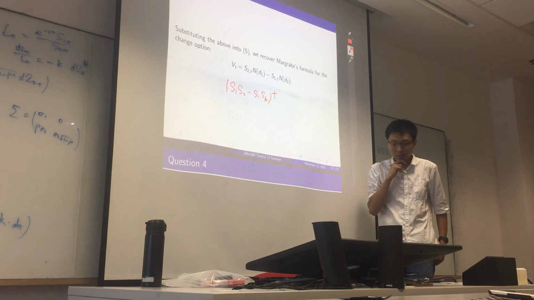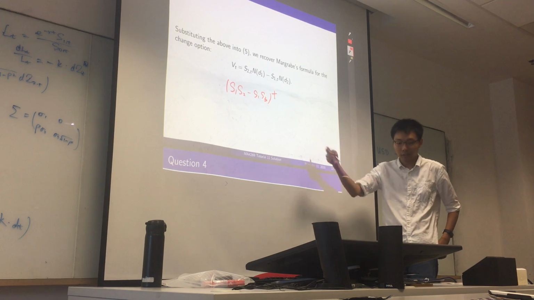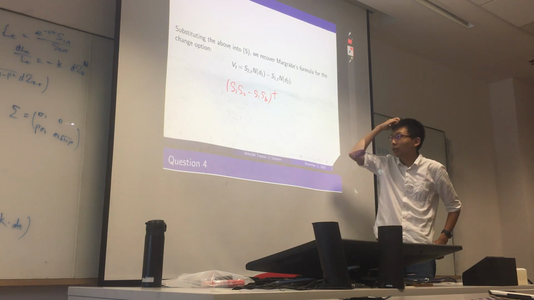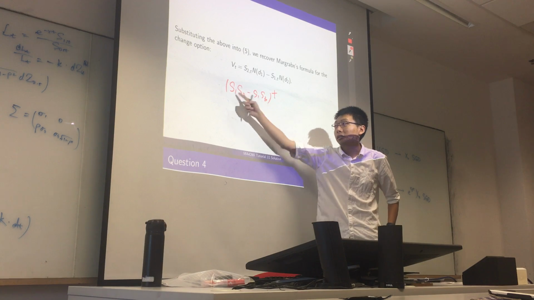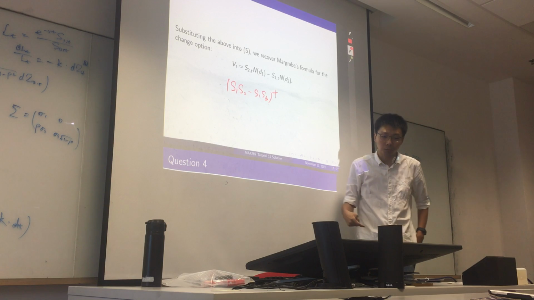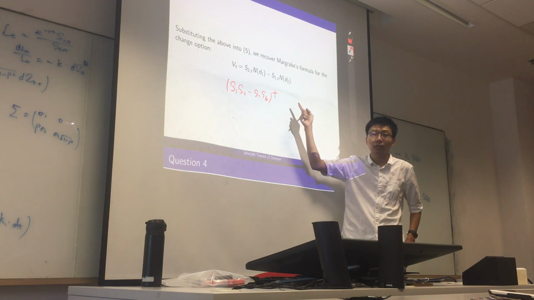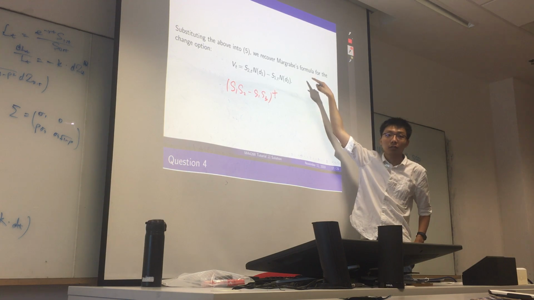And of course, you will see this change of numeraire technique will first be applied here because you have S1 as a common factor, so you want to bring it out. And then it just becomes (S2 minus S3) positive part. So that becomes an exchange option.